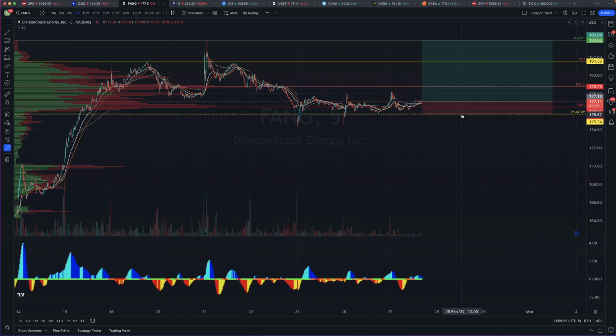So this would be my trade plan on FANG. I'm going to look at the FANG options. I'm playing an hourly chart, so I think I'm going to look out to... I'm going to play the March 8.